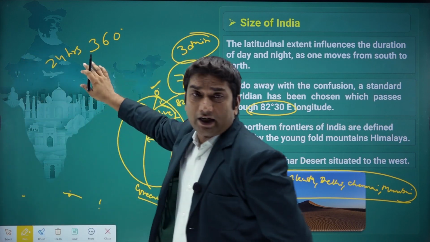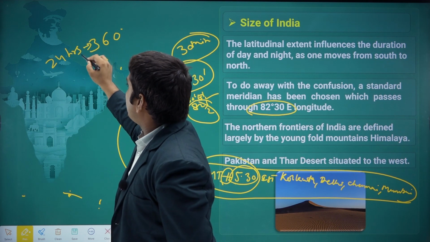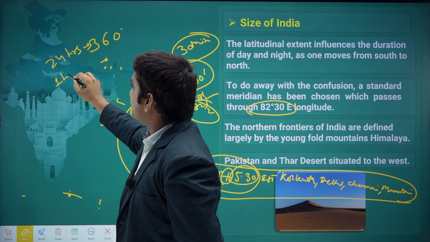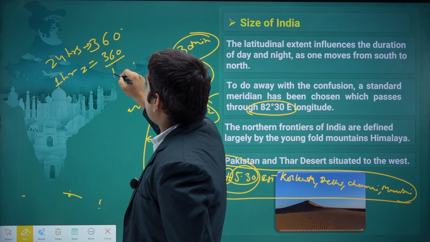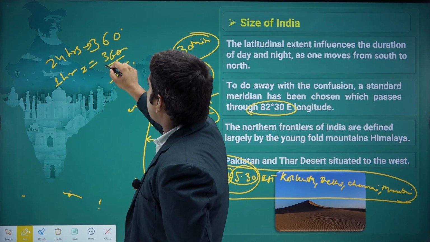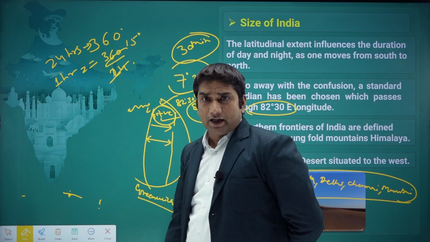So how much will the Earth rotate in 1 hour? In 1 hour the Earth will rotate 360 upon 24, so we can say 15 degree. So in 1 hour the Earth will rotate 15 degree.